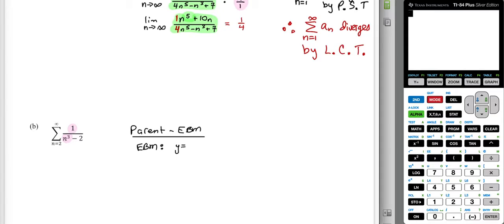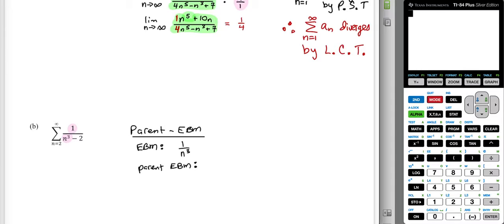It wouldn't really be y equals, but EBM would be y equals if it were a function. So in this case, it would just be 1 over n to the third. The parent EBM is what you would get if you stripped away any constant multiples or addition or subtractions that existed.